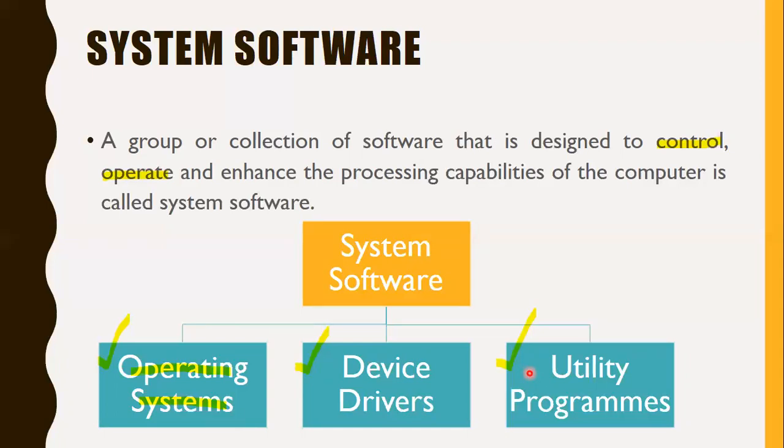Operating systems have many types, but the most commonly used is the Windows operating system. In my computer, I have Windows 10. In your computer, you may have Windows 7, Windows 10, or maybe some other version. There are many other types of operating systems. Those types are not included in your syllabus, but we will study them in class 8th and onwards. So that was the revision for the previous lecture.